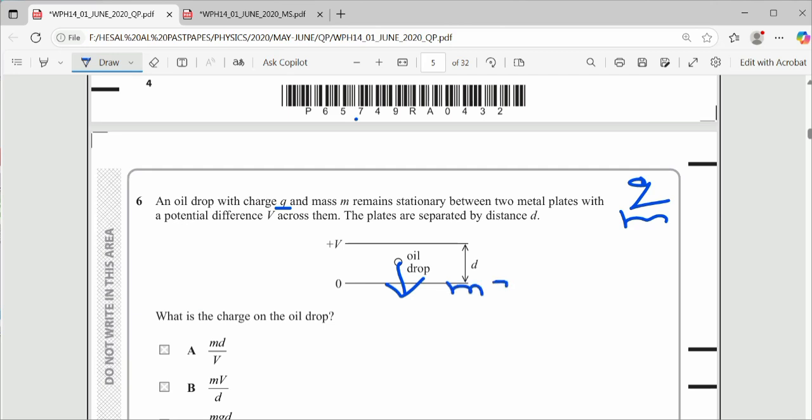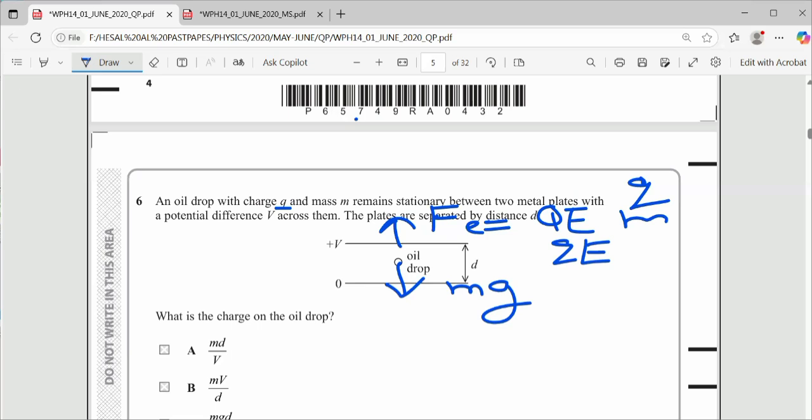It can be obtained by mg. The other one, upwards, is the force due to the electric field. We can calculate it by QE, where Q is the charge and the field I consider as E.